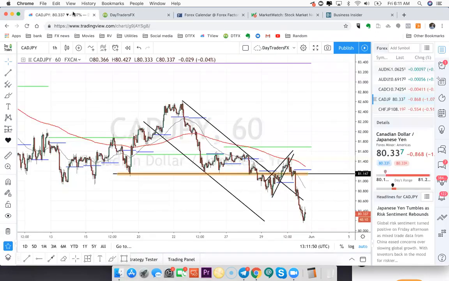I took a little bit of a different approach on this CAD yen, and it wasn't because I was experimenting or anything. We had CAD weakness and we had yen strength, and we were breaking a low, and I thought, let's go for it. These are not the typical kinds of trades that I like to take.